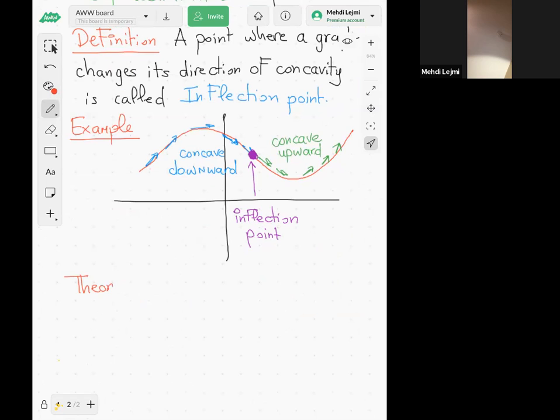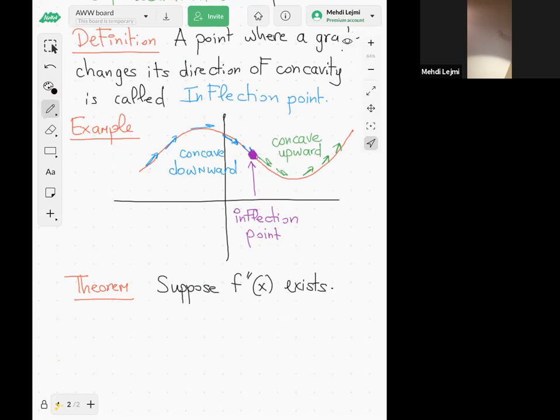And we're going to have an example just right after the theorem. So the theorem is the following. I'm going to suppose that the second derivative exists. Suppose f second of x exists.